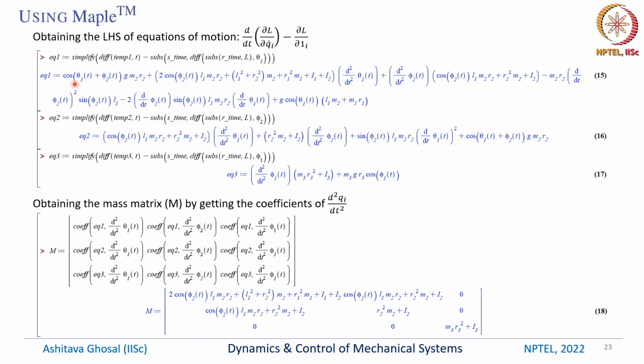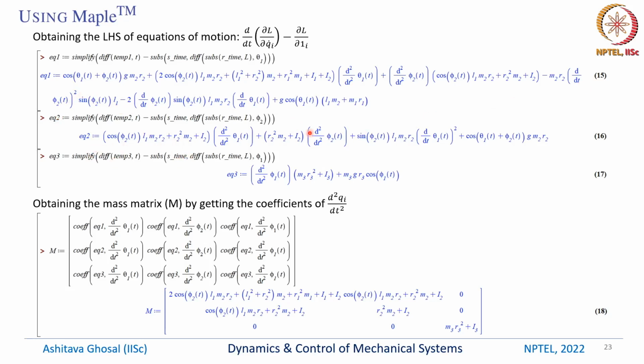So we now have equation 1, which contains all the terms we are interested in: theta 1 double dot, phi 2 double dot, and also the Coriolis and centripetal terms. You can see here there is a phi 2 dot square.